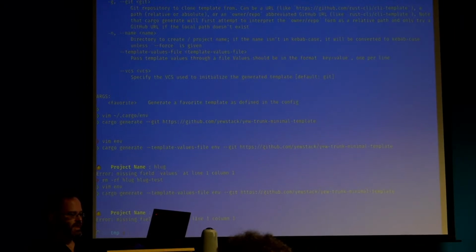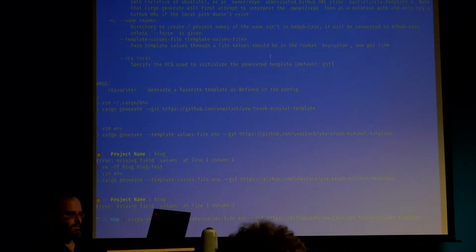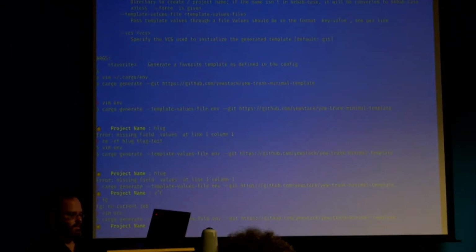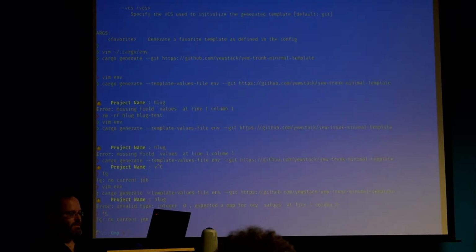Error reducing field values at line 1. Yeah, but why? Why not? Integer type 0. Expected a key map of value keys value. Oh, maybe this is what it wants.